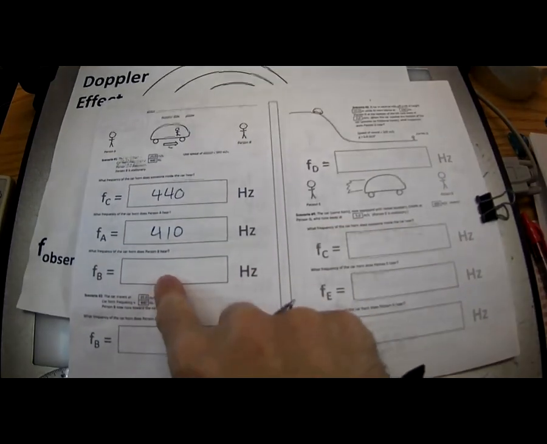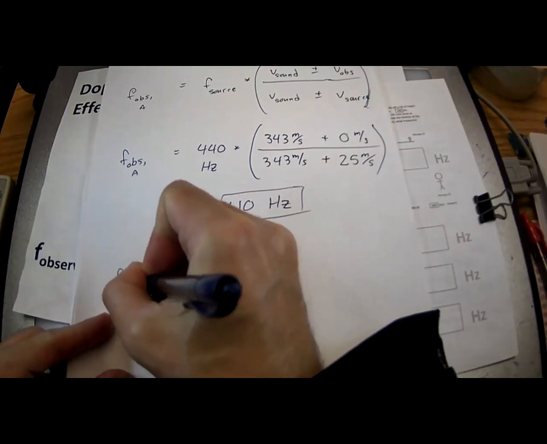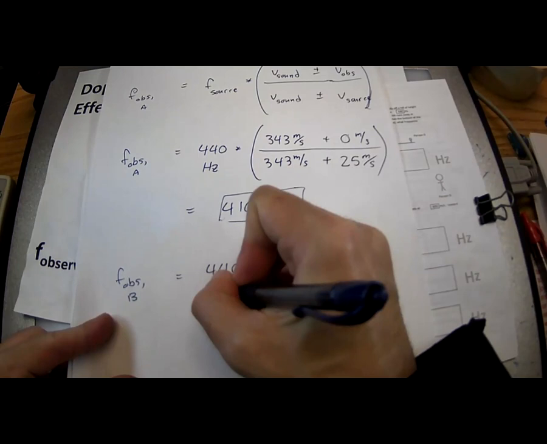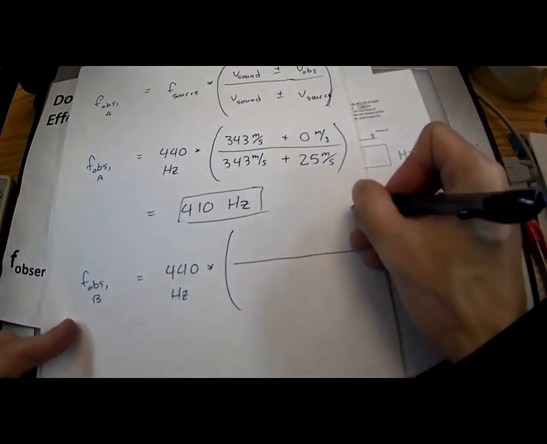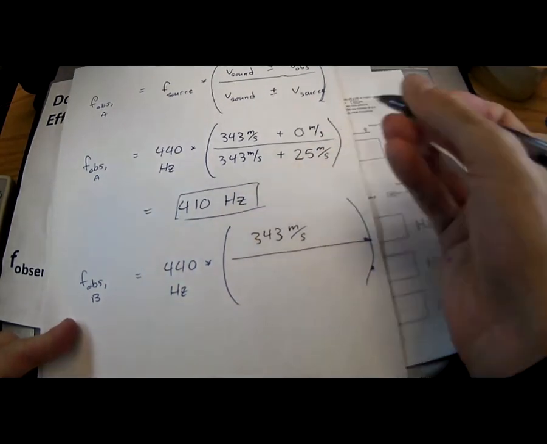How about person B, who the car is headed towards? Frequency observed for person B. Take the source frequency, 440 hertz, times... You guys see it's just going to be one small change. The numerator is still 343 meters per second because the guy's just standing there.